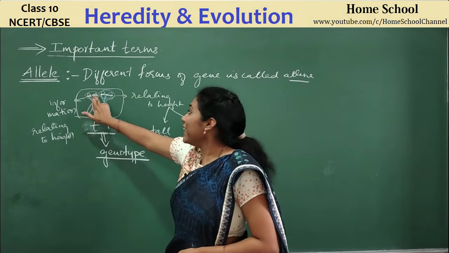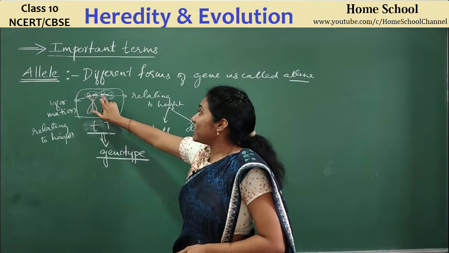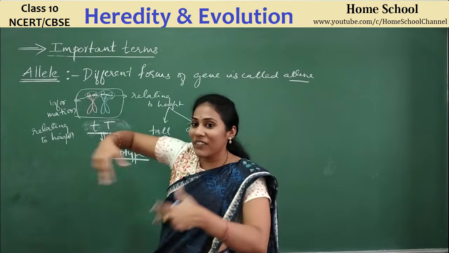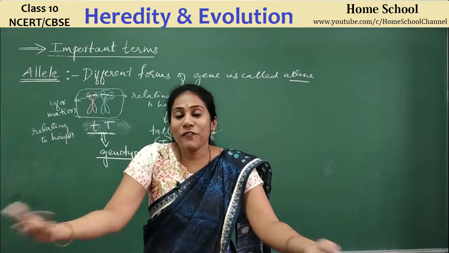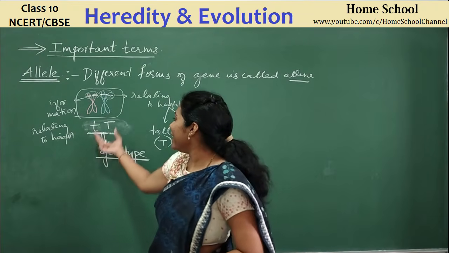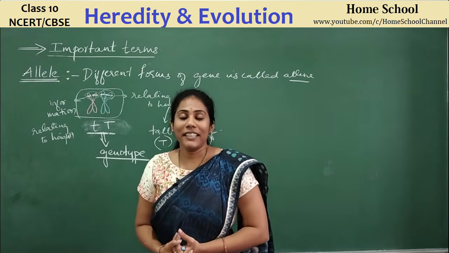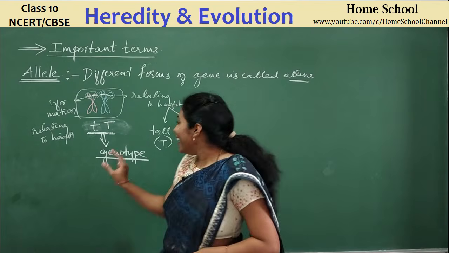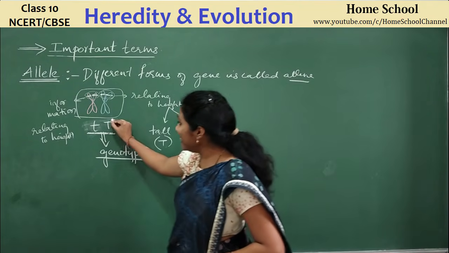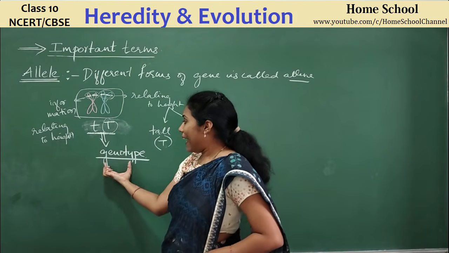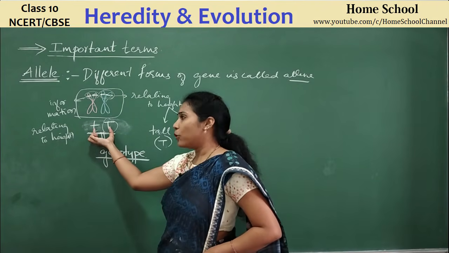This gene becomes more energetic, more active, so it will try to express in the future generation. So the baby is actually a taller one. He will grow up as a taller guy. Clear, everybody?